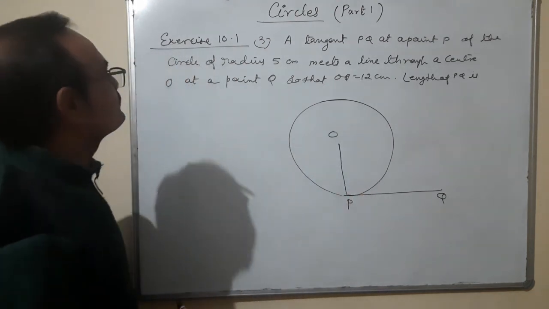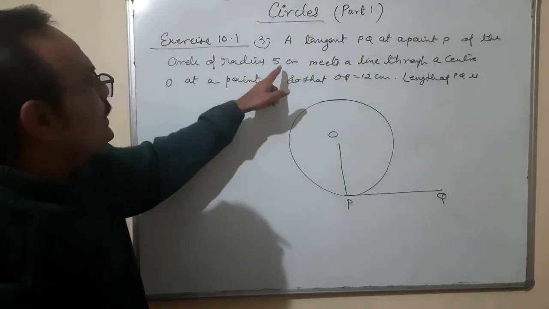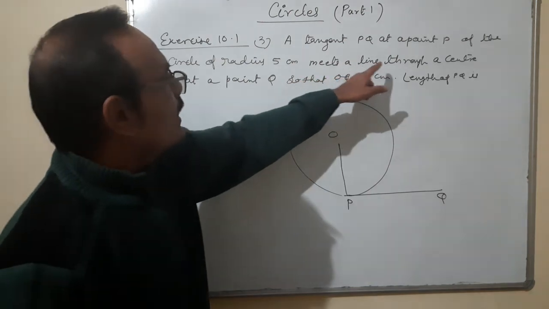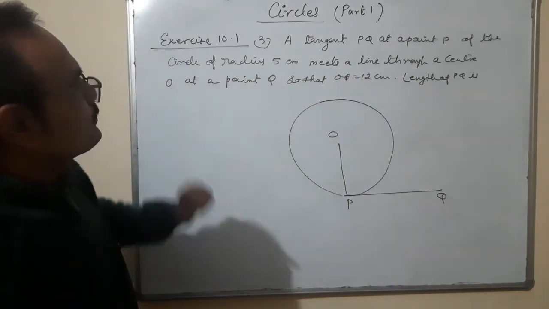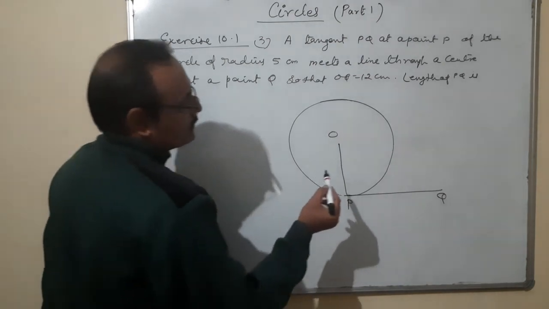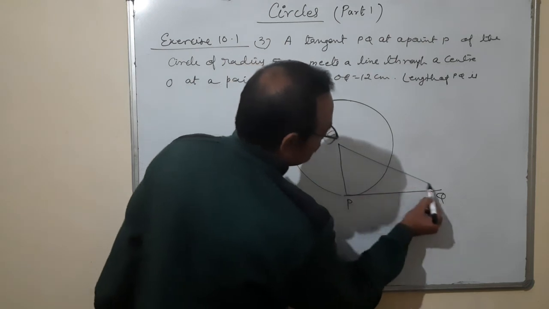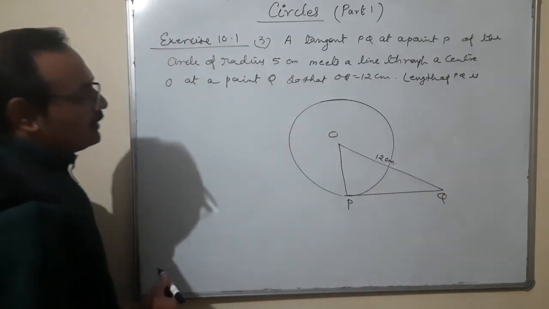It is the radius. A tangent PQ at point P of the circle of radius 5 centimeter meets a line through a center O at a point Q, so that OQ is equal to 12 centimeter.